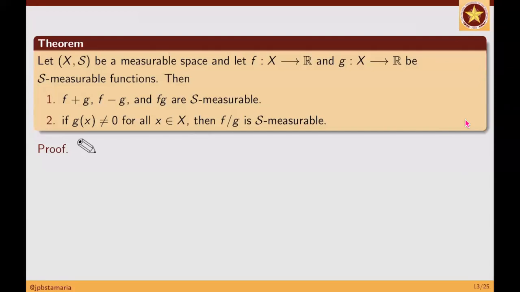Anong ibig sabihin nun? Anong parehas ng x? Pwede niyo palitan. I mean kung f of x, g of x.